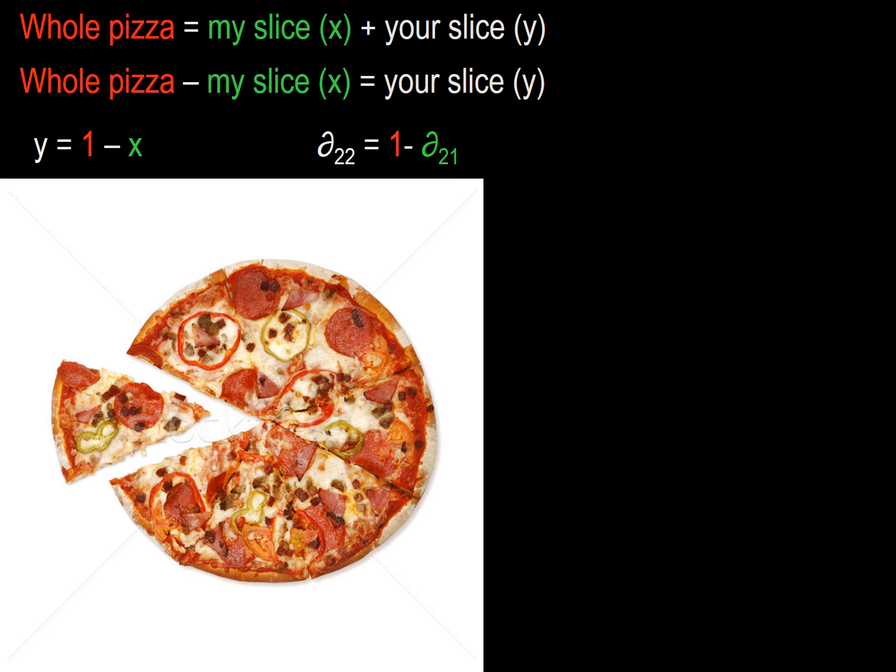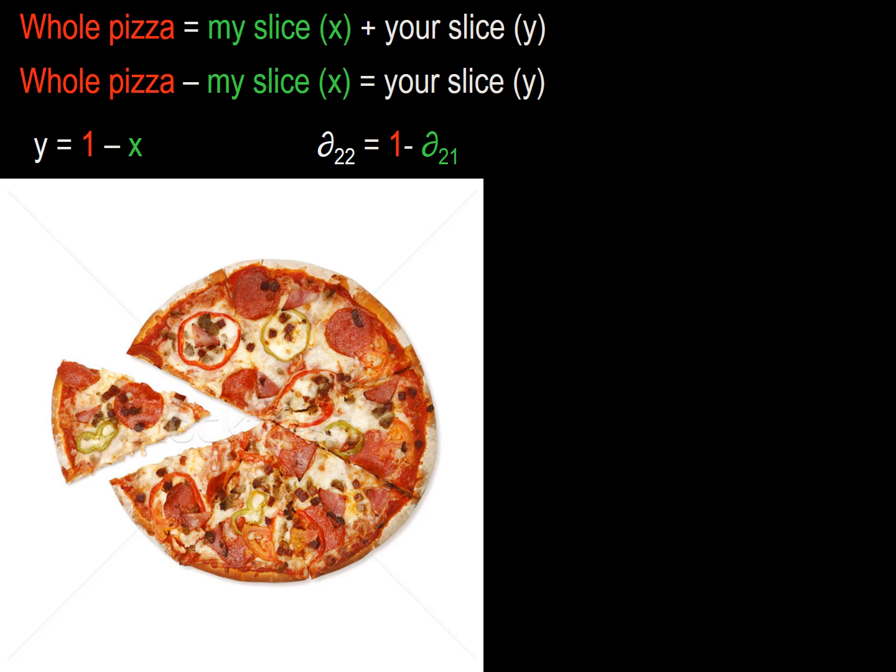Now we can rearrange this by, for example, subtracting from both sides of the equation my slice of the pizza. And what that's going to do is shift my slice with a change to a negative value to the other side of the equal sign. So the whole pizza minus my slice is equal to your slice, right? This is intuitively true, and it's algebraically true. Now, symbolically, we would represent this as y is equal to 1 minus x.